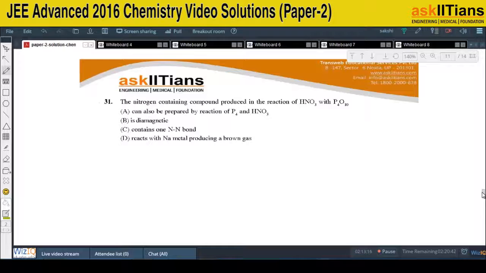That means you have to find out what the reaction between HNO3 and P4O10 is. Now you have to determine the options: it can also be produced by the reaction of P4 and HNO3, or is diamagnetic, or contains one N-N bond, or it reacts with sodium metal producing a brown gas.